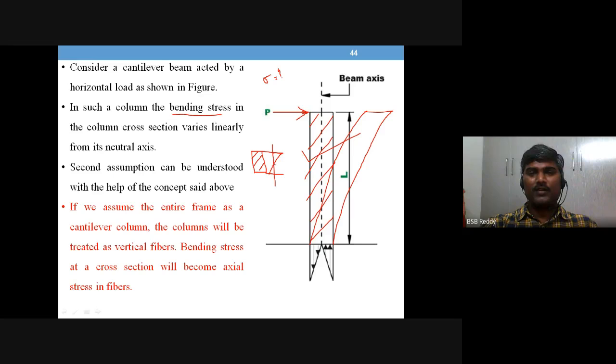Here the bending stress is drawn both positive and negative on the same side of the axis, showing the arrow downward and upward for the natures. For compression it is shown upward, for tension it is shown downwards. So this is the tension side and this is the compression side.